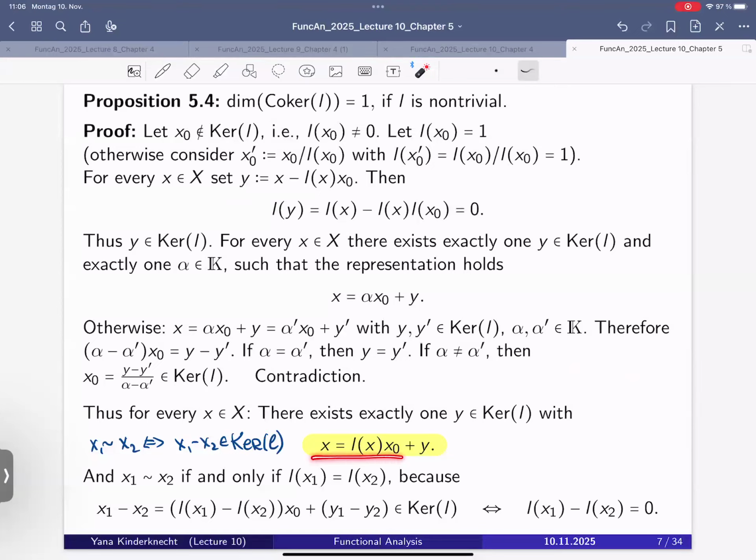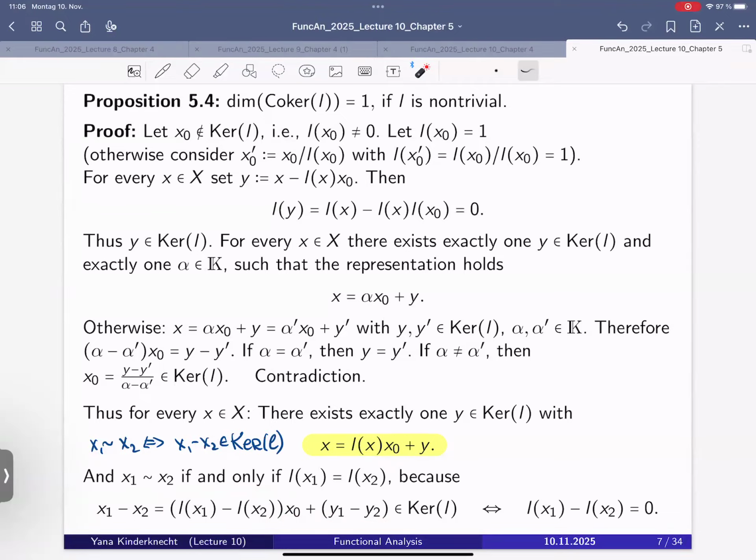So since we have this representation, this means that x1 is equivalent to x2 if and only if L of x1 is equal to L of x2, because for x1 minus x2 we use this representation for this point, and use linearity of functional L. So this is equal to L applied to x1 minus x2, and then linearity, times x0 plus y1 minus y2.